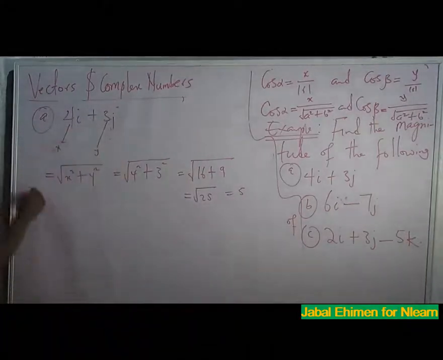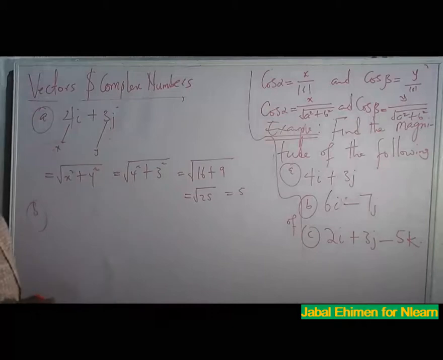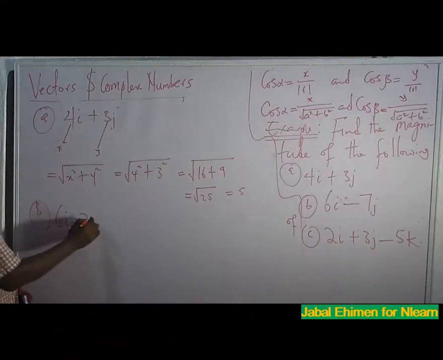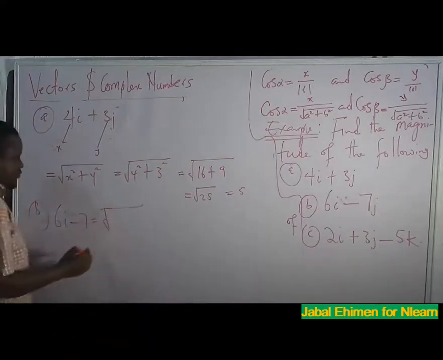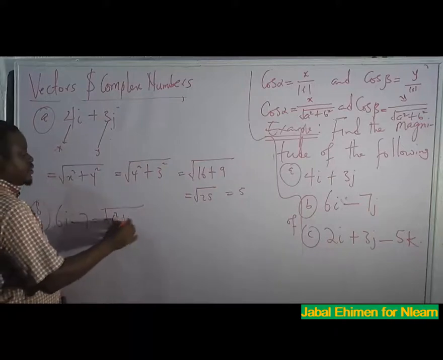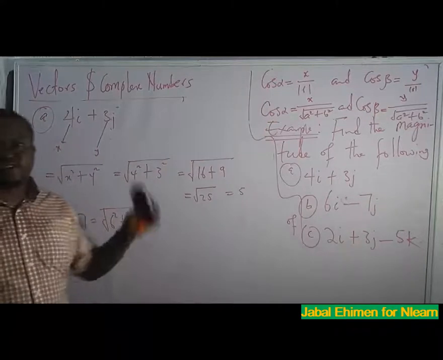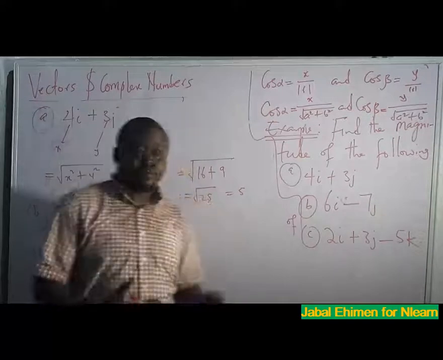Good. Now for the second, which is B, it gives us 6i plus minus 7j. So that will give us square root of 6 squared plus minus 7 squared. Please don't forget, when the minus and the square operate together, it becomes positive.